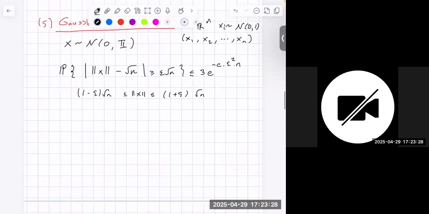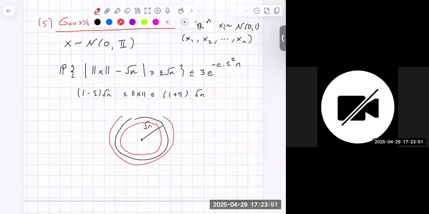If I would try to do a bad picture, you take the square root of n radius sphere. As we computed, this is about the volume 1 threshold almost. And then your random vectors, turns out they come up around it, in this shell.